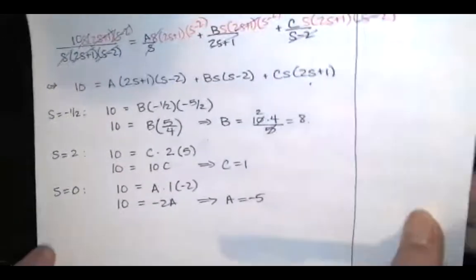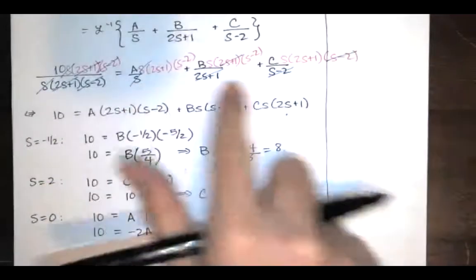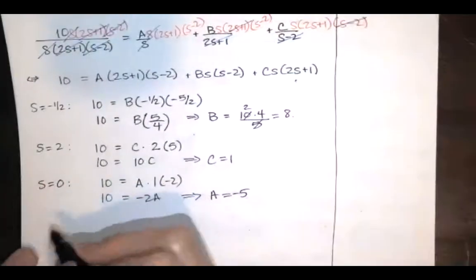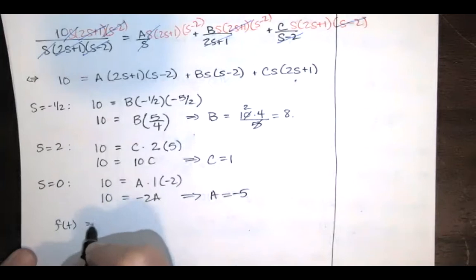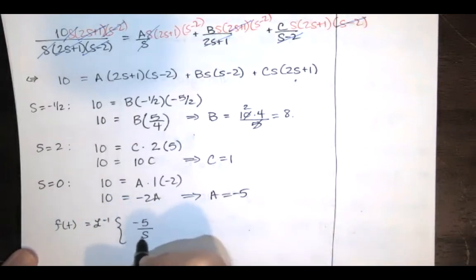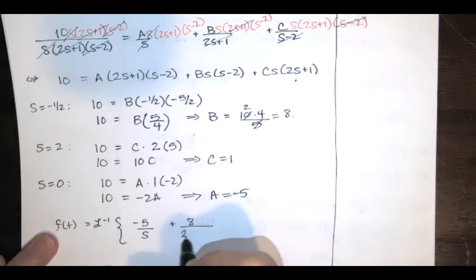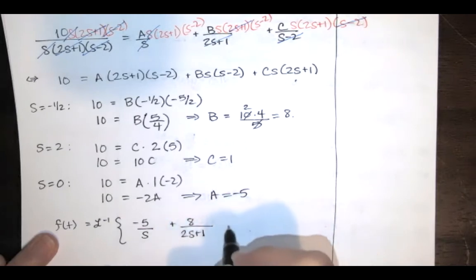All right, so these are the a, b, and c that cause this expression to equal that expression. So f of t is the inverse transform of a over s, so it's negative 5 over s, plus b, which is 8 over 2s plus 1, plus c, which is 1 over s minus 2.